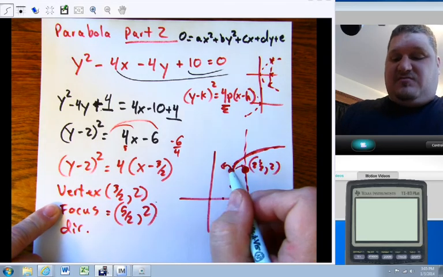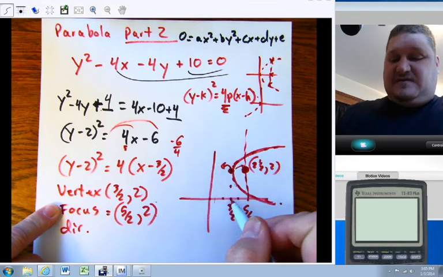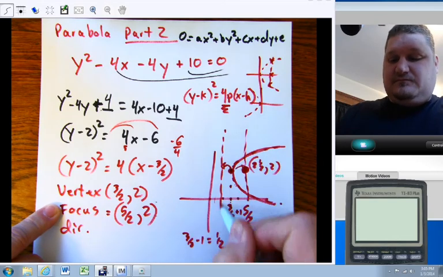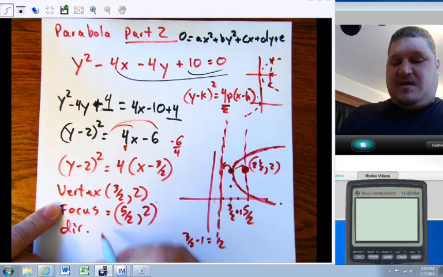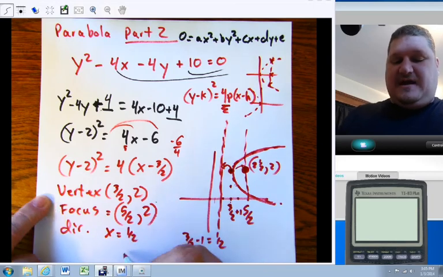If I want the directrix, I'm going to go p units the other way. So instead of 3 halves, I take 3 halves minus 1, and I get 1/2. And there's my directrix right there. My directrix is going to be x equals positive 1/2.